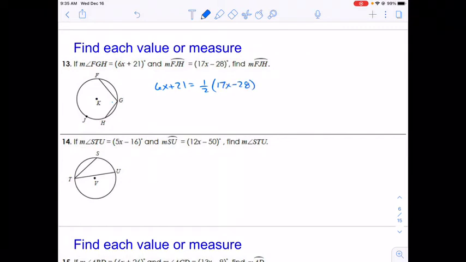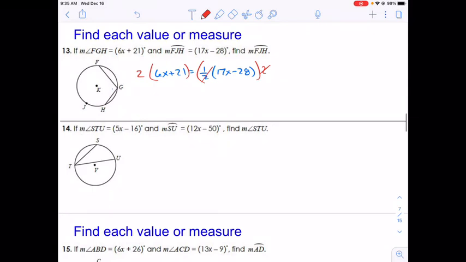Now, since 17 is odd and 28's even, we don't want to distribute because that gives us a fraction. So one thing we can do is get rid of this half by multiplying both sides by 2. That's canceling the half, which gives us now, distribute this, gives me 12x plus 42 equals 17x minus 28.